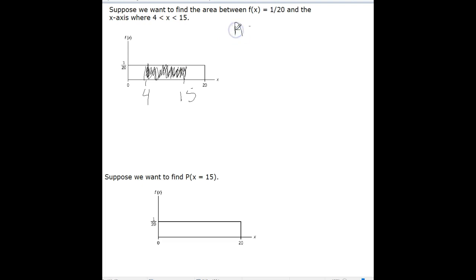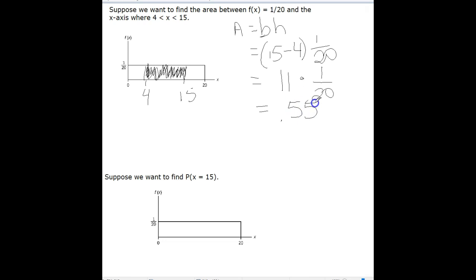The area we know is base times height. The base is going to be 15 minus 4. The height is 1/20. That hasn't changed. So 15 minus 4 is 11 times 1/20, which equals 0.55.